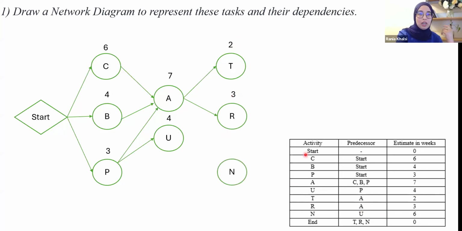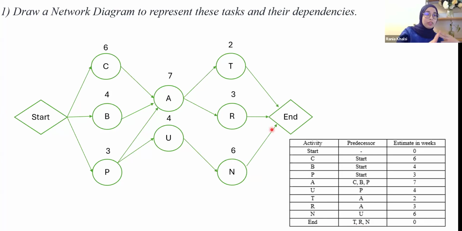So we mentioned these 3, and we keep doing the same for activity N connected to U and taking 6 weeks. So now once T, R, and N are completed, we are coming to the end of our network diagram.